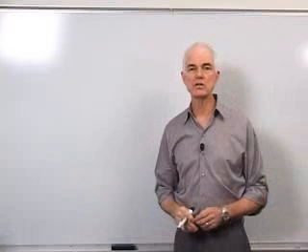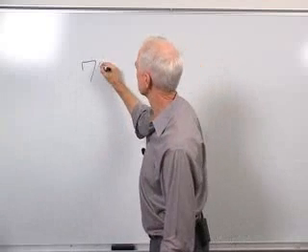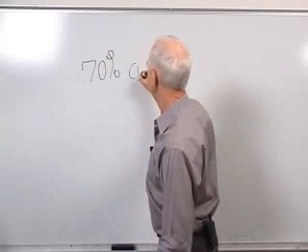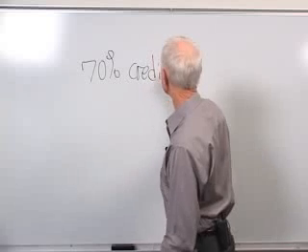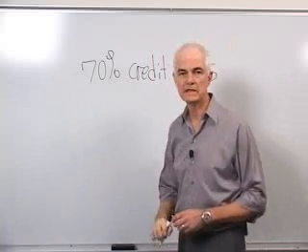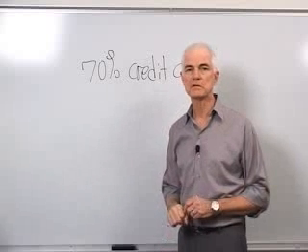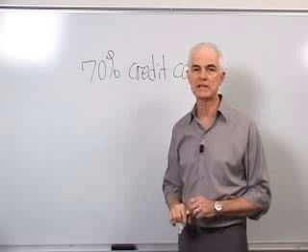Suppose a study of mall shoppers has shown us that 70% of all shoppers use credit cards for purchases. In addition, the study reports that 20% of all mall shoppers use public transportation to get to the mall.